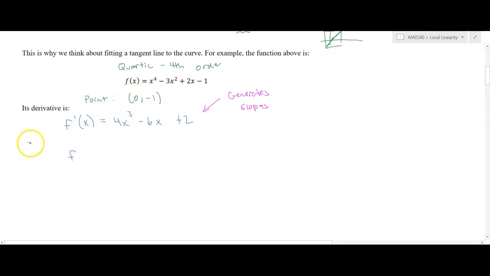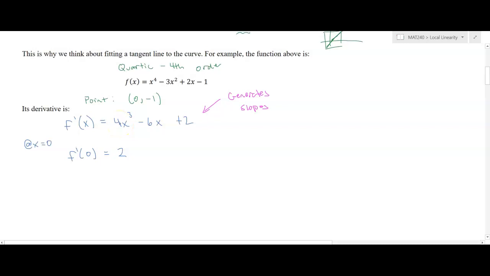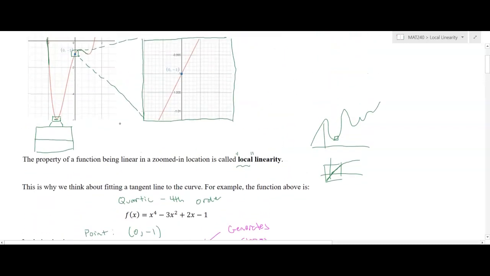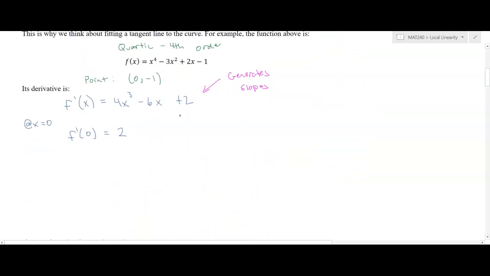To compute the slope at x equals 0, we need to compute f prime of 0, which comes out to, as you put in 0 for x, 2, which seems to make sense. It's a positive number. We see up here in the graph that the function exhibits a positively sloped line within a neighborhood of around x equals 0.